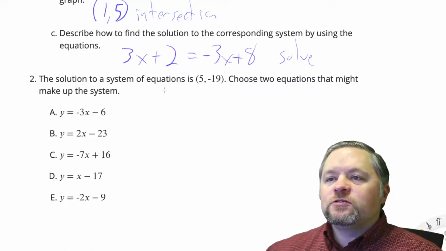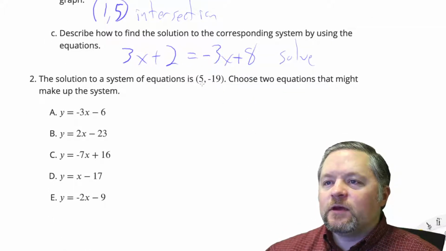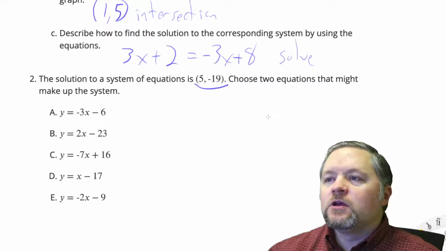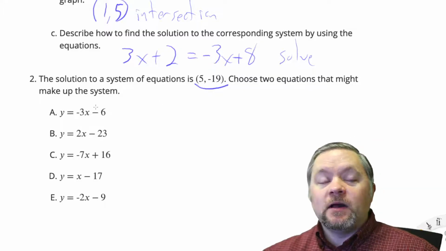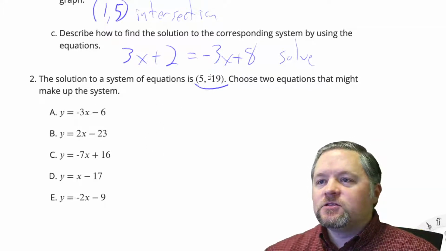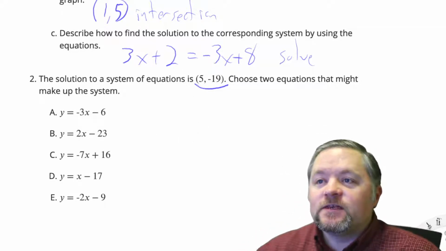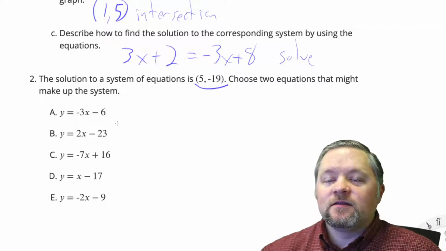The solution to a system of equations is the point (5, -19). Choose two equations that might make up the system. So how do we know if this point is a solution? Well, we have to see if this point lies on the line.